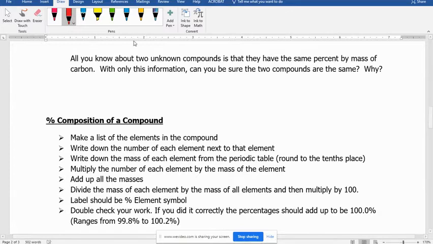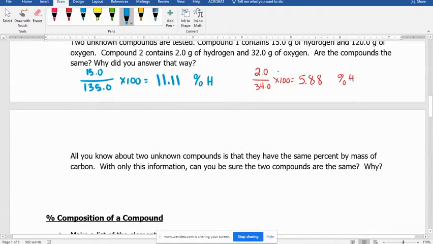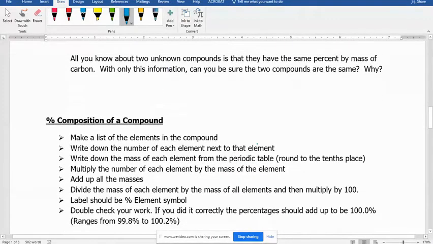Down here, all we know about two unknown compounds is that they have the same percent by mass of carbon. With only that information, can we say that they are the same? I would say no, simply because when we're looking at these, we could have other compounds in there. So we could have a kind of a pie here where we had 25% of that was hydrogen, let's say, and the other part was carbon.